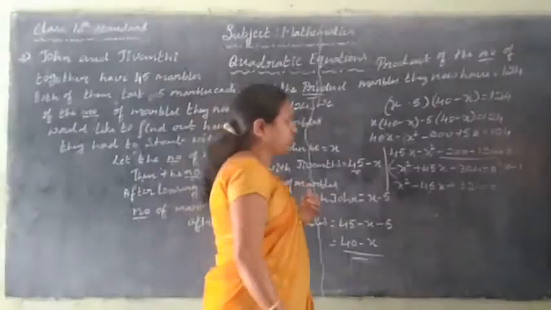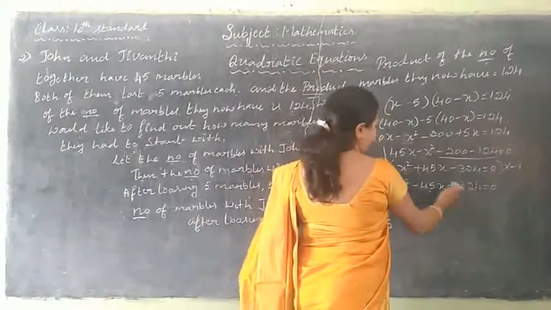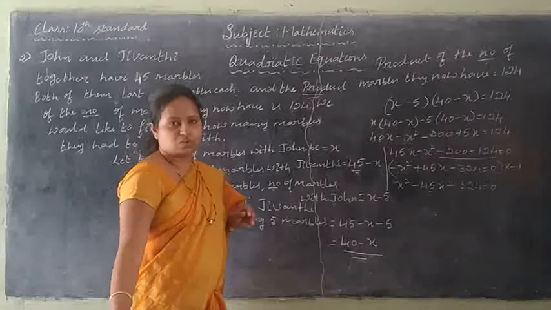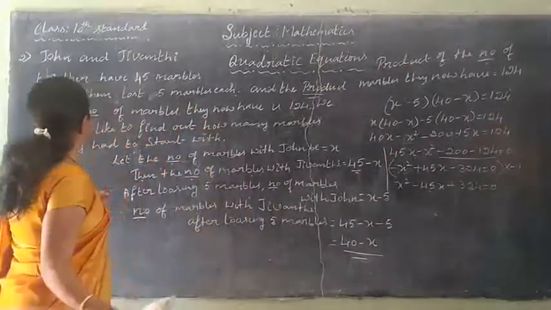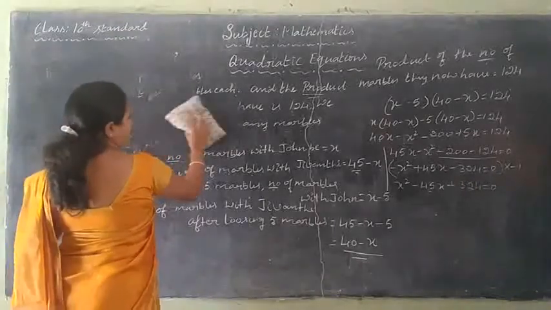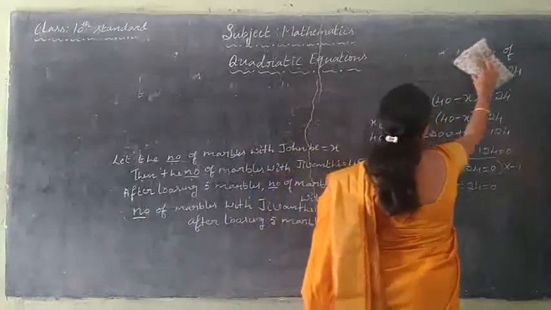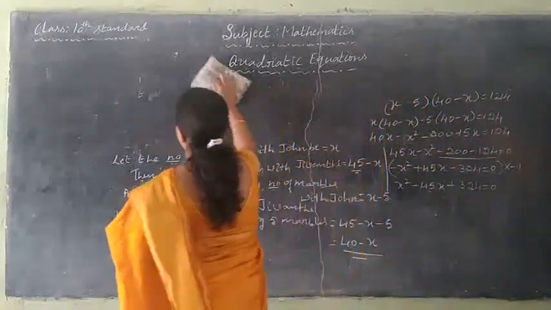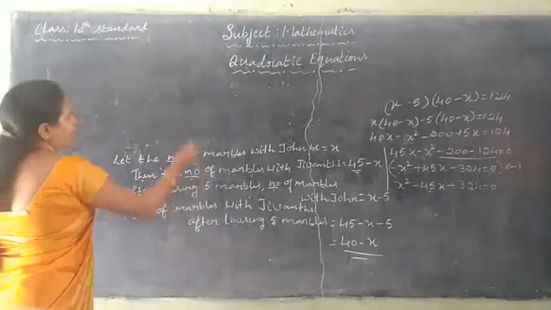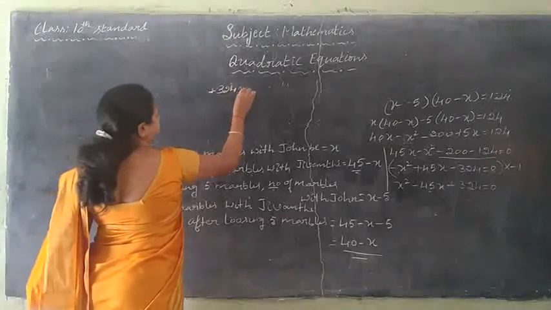Okay. Now we solve this by the factorization method, children. See first, multiply x square by the last term, 324. Got it? Okay, see, 324 x square.